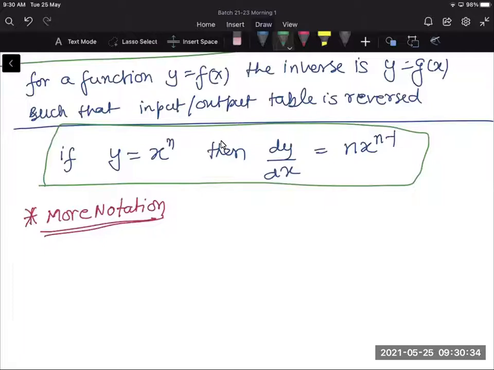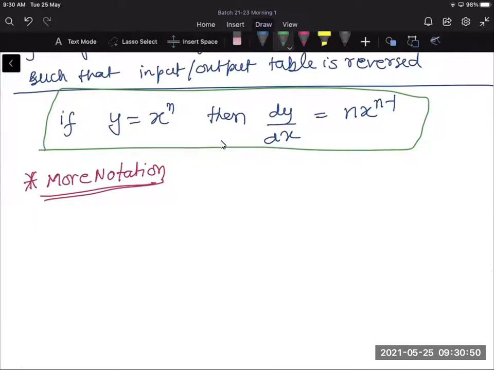And if you want to find the slope at a particular point, let's say at x equal to 1, then in the expression for dy by dx, you will put x equal to 1 and you will get the slope at x equal to 1. I just want to compress this huge sentence into something which I can handle in a better way. This is what I do. Number one, right? So same thing, but written differently.